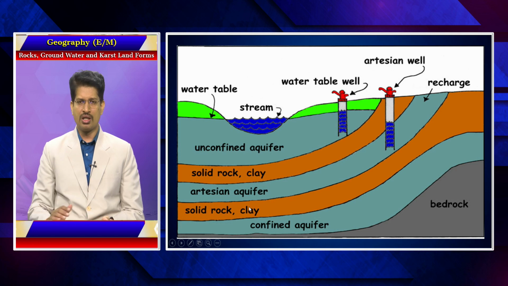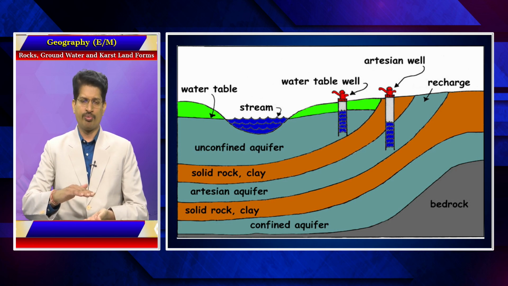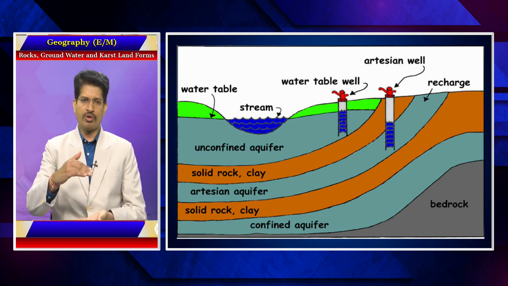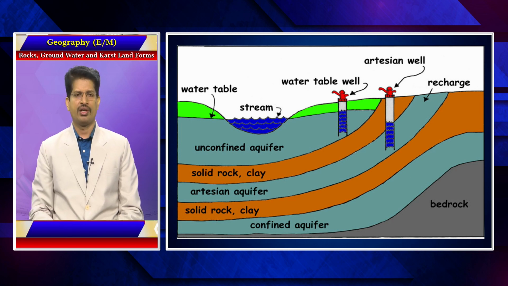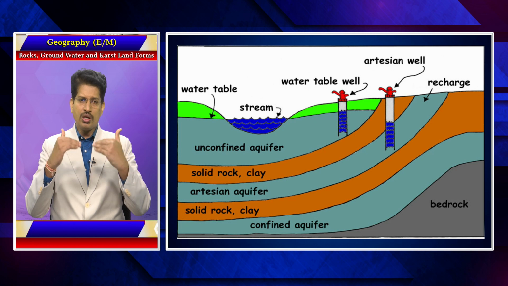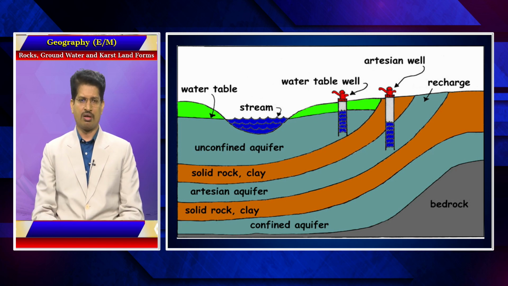When an aquifer is bounded both beneath and at the top by an impervious rock, we call it a confined aquifer. In an unconfined aquifer, only the bottom bedrock is impervious, whereas the top layer doesn't have an impervious rock.